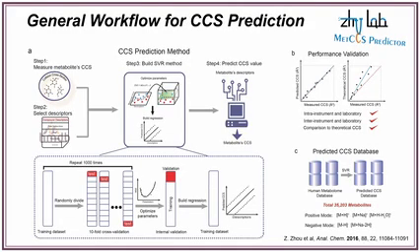So really, the CCS prediction method has become kind of the go-to way for doing this. It's just too complicated to get drift tube measurements for all of the potential metabolites or lipids that you might find in biological samples. What that really means is that ideally you would like to have a standard, or you need to have done a very thorough identification so that you know this is actually the right identification before you start putting those values out there.